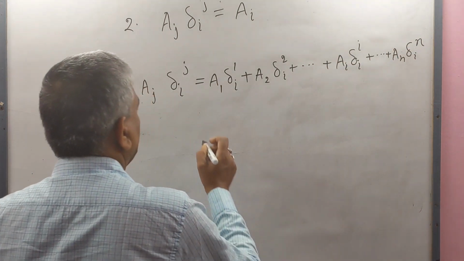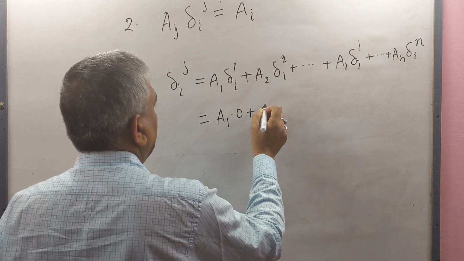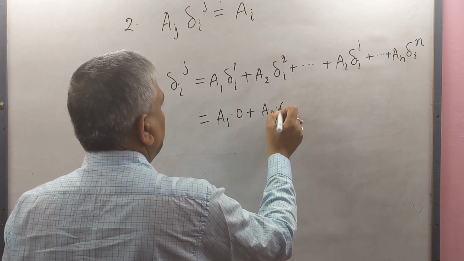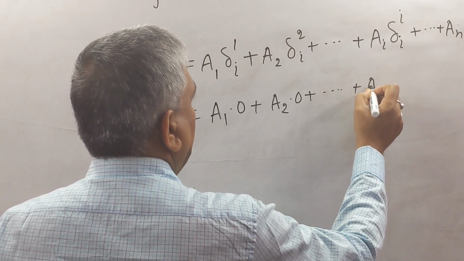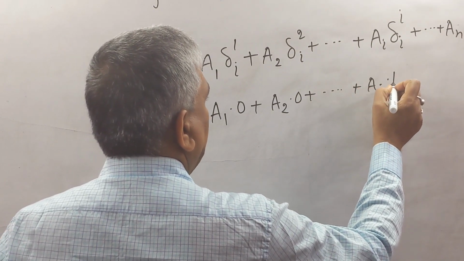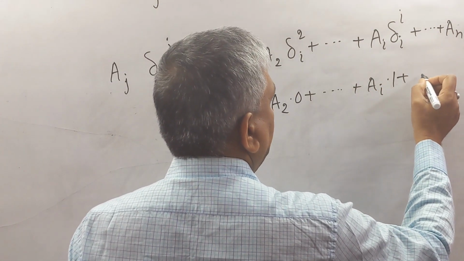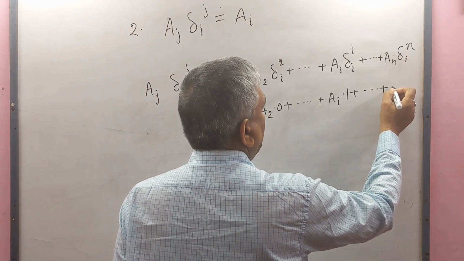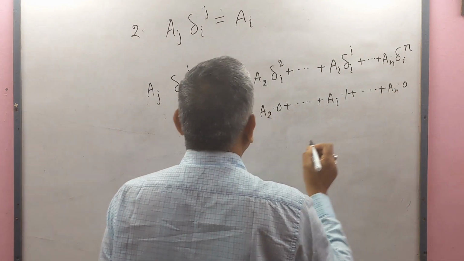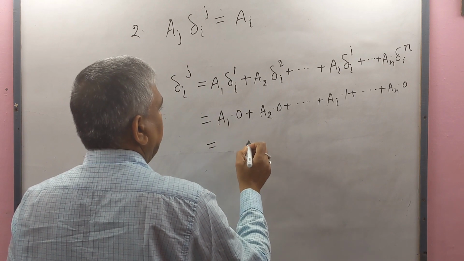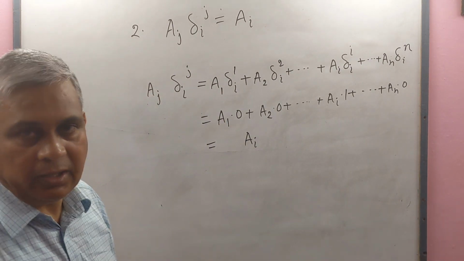So we write a1 into 0, a2 into 0, plus ai into 1, plus all other values 0, an into 0. So we get only ai. Proved.